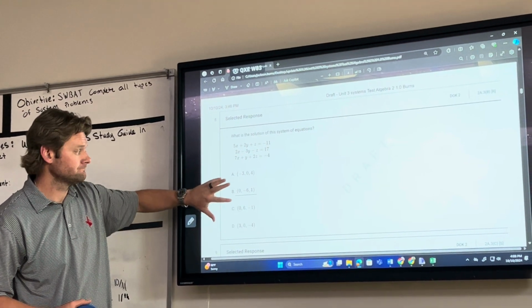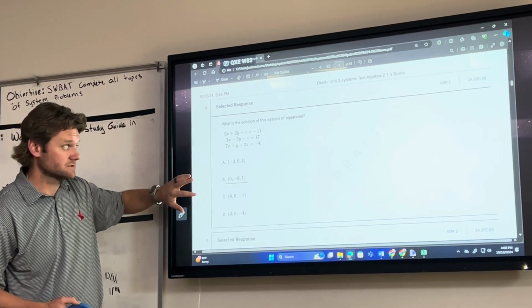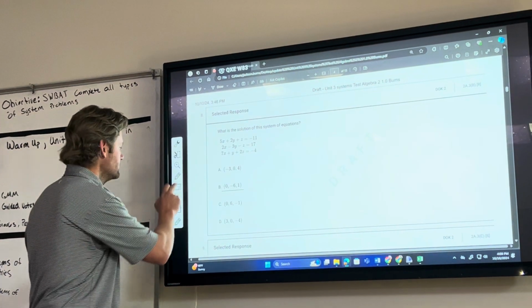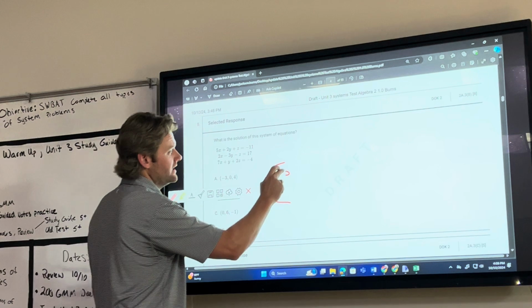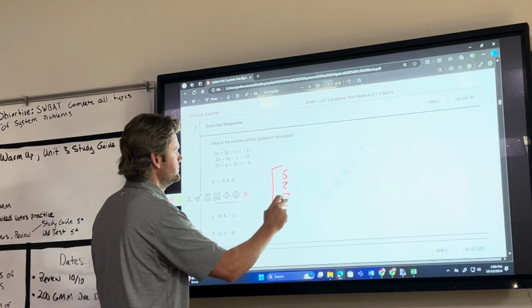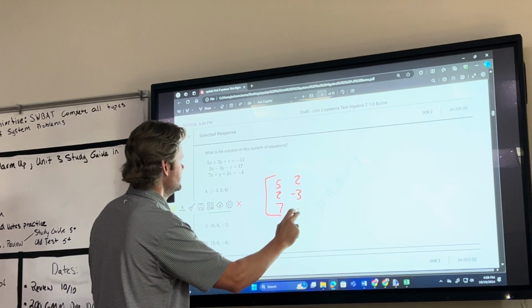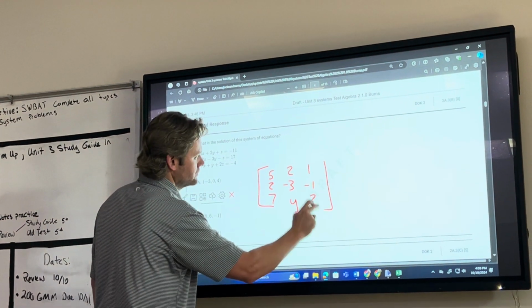I think so. Another random question you already talked about. Matrices work perfectly with this one, right? Yes. Okay, so sure. Yes, matrices, put this in the matrix. I'll go ahead and go through it. Remember what your A matrix will be: 5, 2, 7, 2, 3, -3, 1, -1, 2, right?